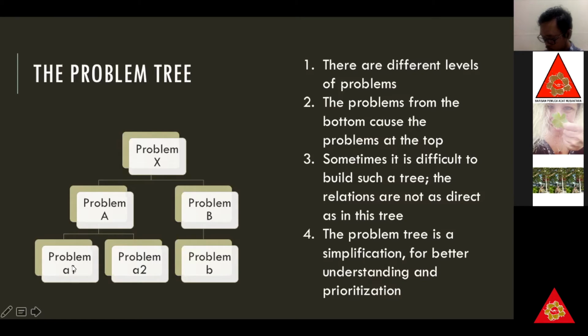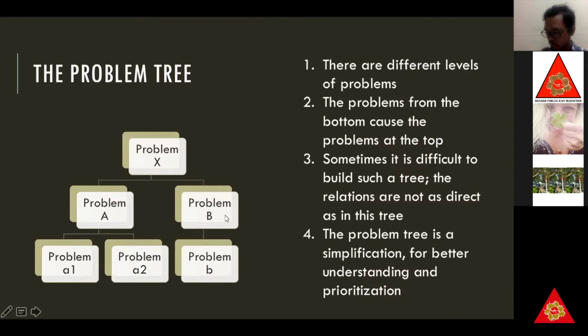And problem A, lack of job opportunities, could be caused because you have a very distant area, because there are no roads, for example. And the other thing would be that the government is more interested in other policies than creating jobs.